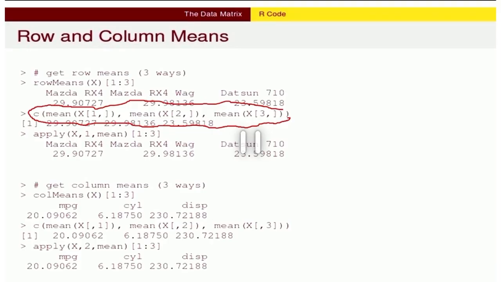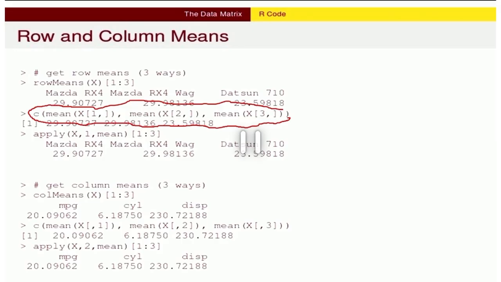You can see I mentioned mean of data X, focusing on observation number 1, observation number 2, and observation number 3. That's another way to do that, and this way will give us the same result as the other one.